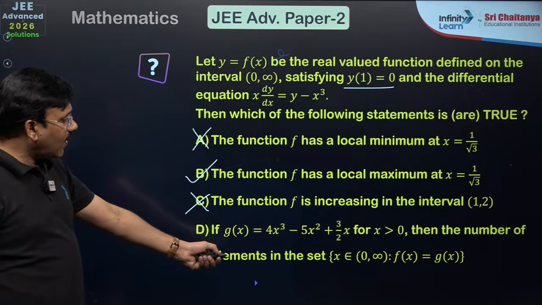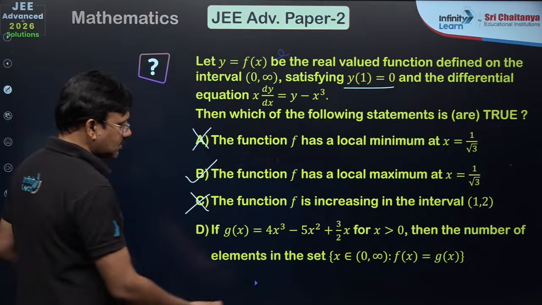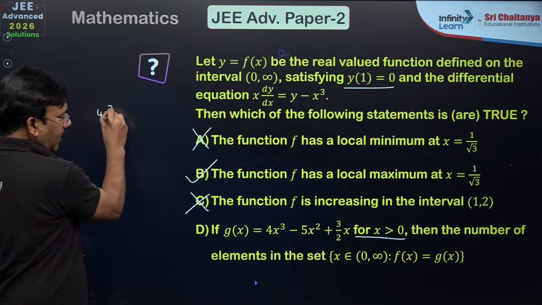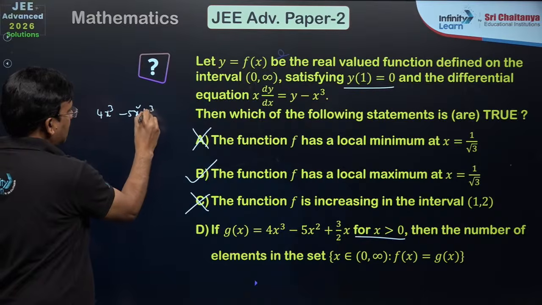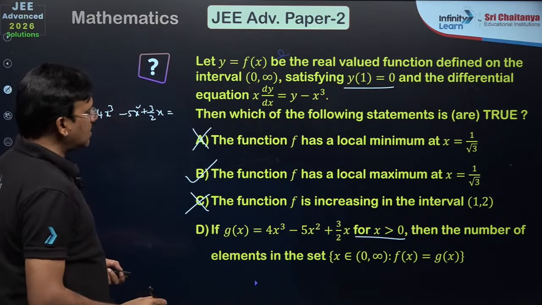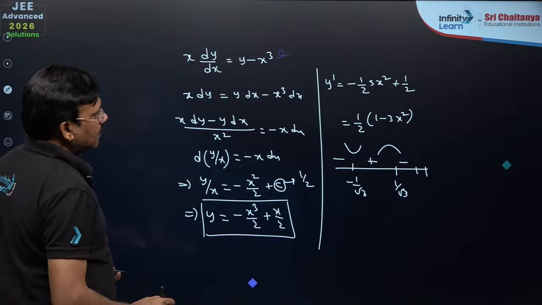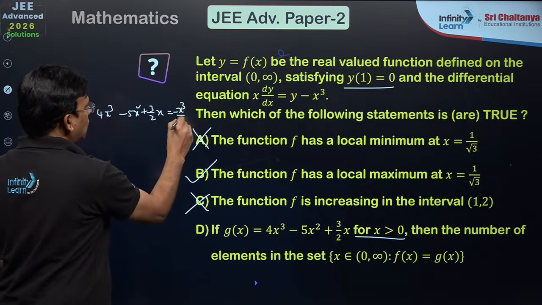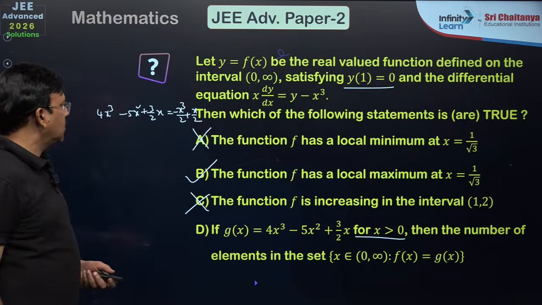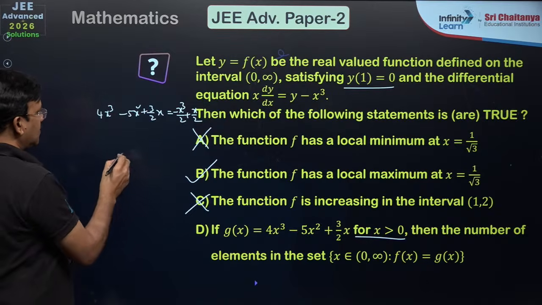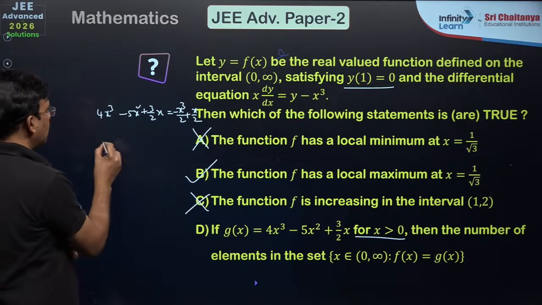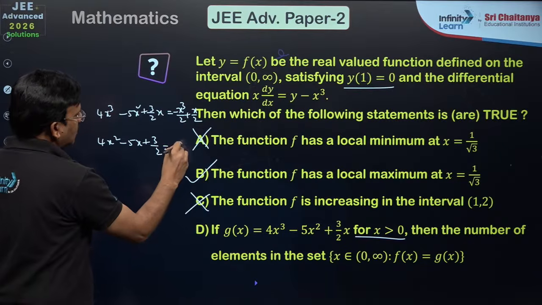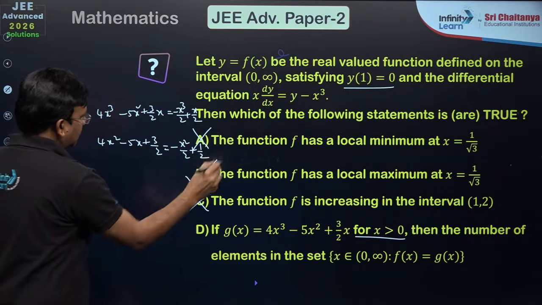And the last: f of x is equal to g of x, solutions with x positive. Simple, you simply equate 4x cube minus 5x square plus 3 by 2 into x is equal to minus x cube by 2 plus x by 2. You can cancel x, since I want positive solutions. 4x square minus 5x plus 3 by 2 is minus x square by 2 plus 1 by 2.